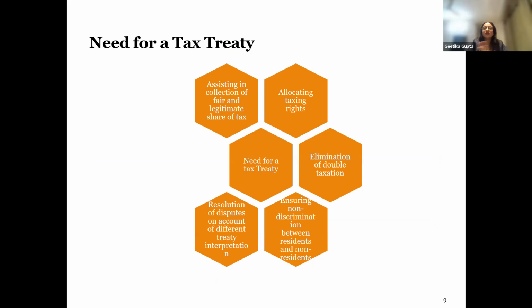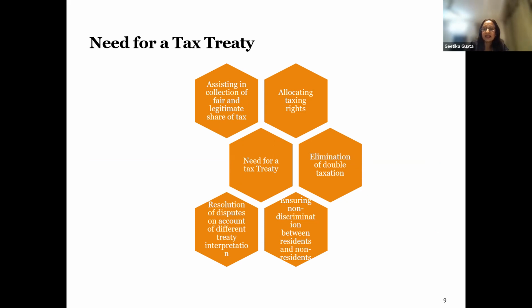This is again the need for a tax treaty. We discussed this: allocating the taxing rights, elimination of double taxation, non-discrimination, resolution of disputes, and assistance in collection of fair taxes. On the allocation of rights, I would just like to mention here and correlate with the Indian Income Tax Act.